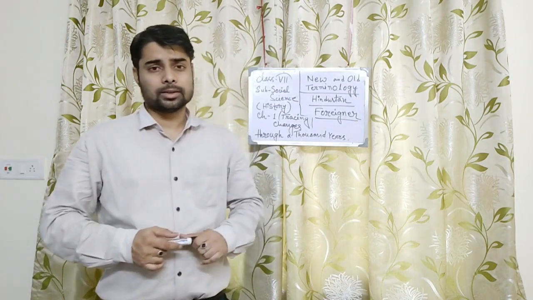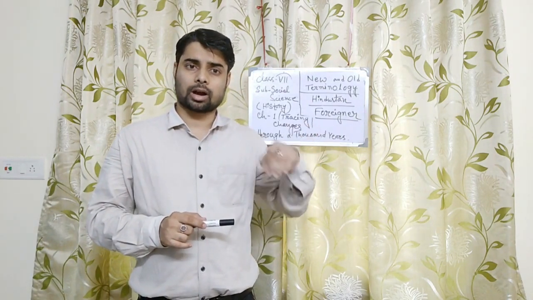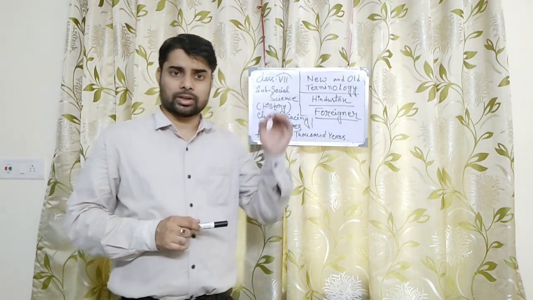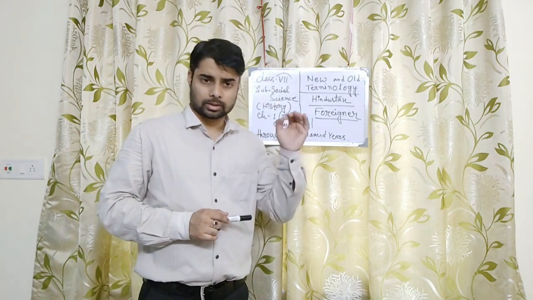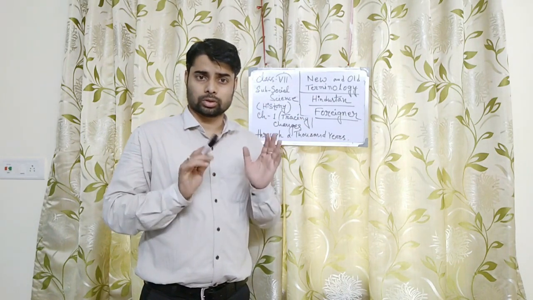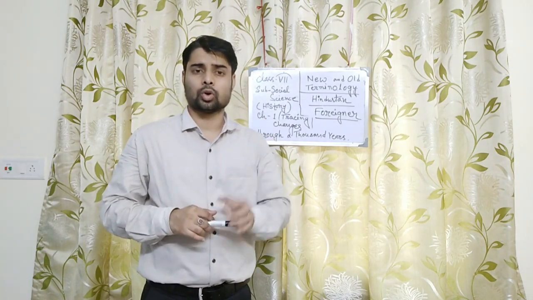The meaning of foreigner is a person who came from outside of our country. But in the medieval period, a foreigner meant a person who did not belong to your town or village or your specific religion or culture.